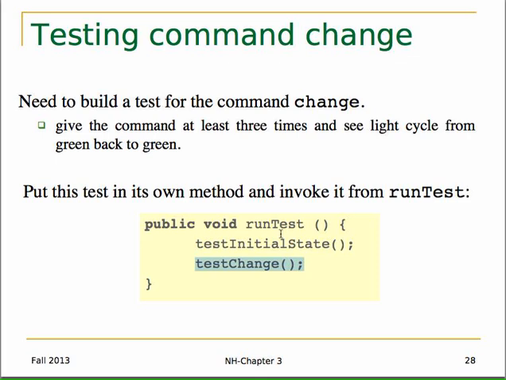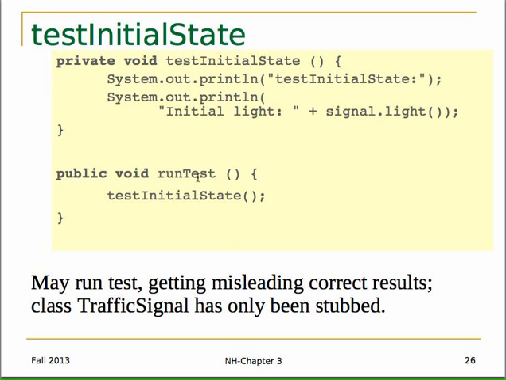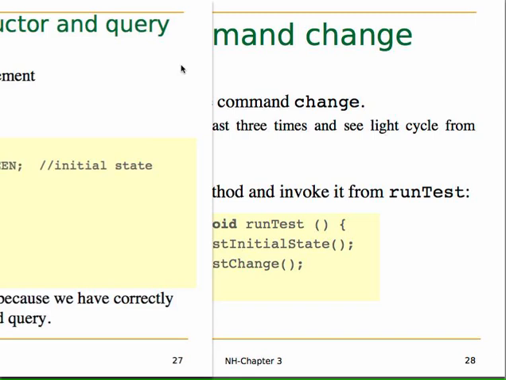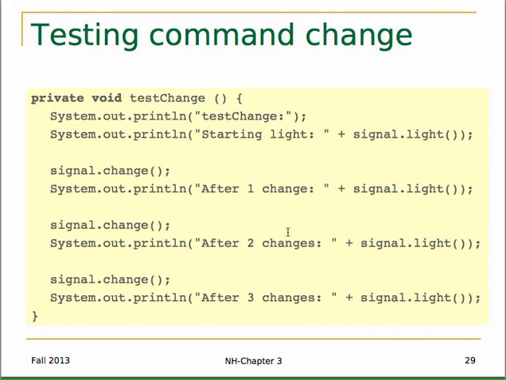Let's go back again. We have a run test method, which initially just tests the initial state, which is a private method. Now we will set up a new private method, test change, and that's going to get called from run test.